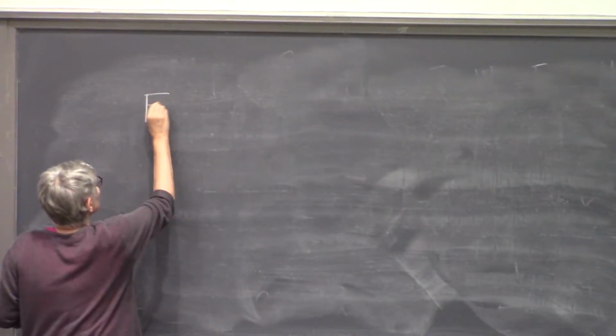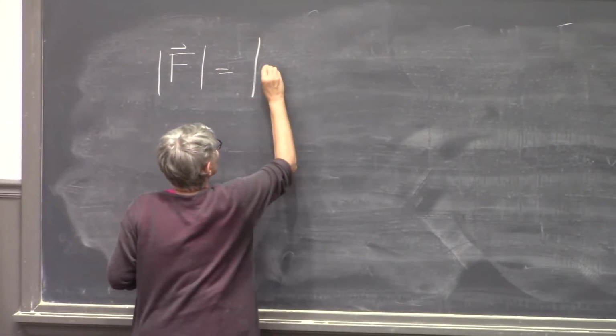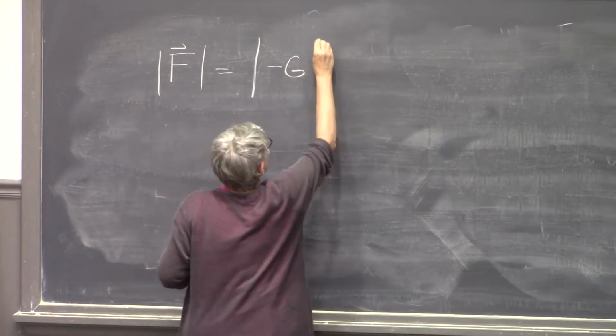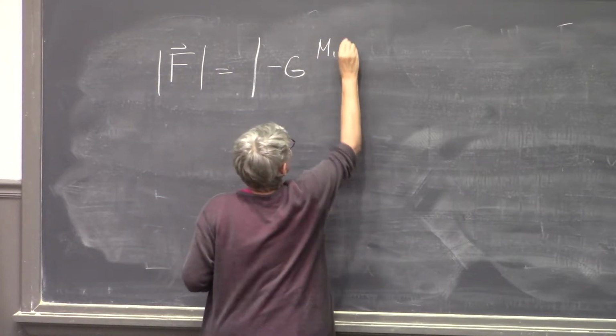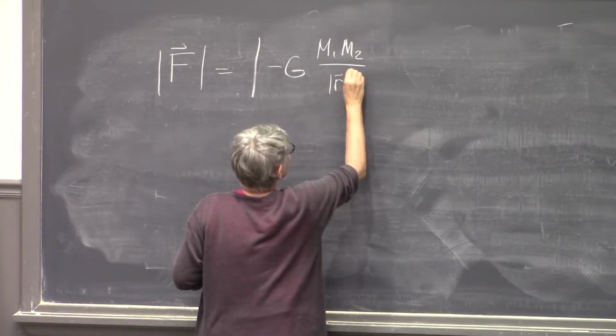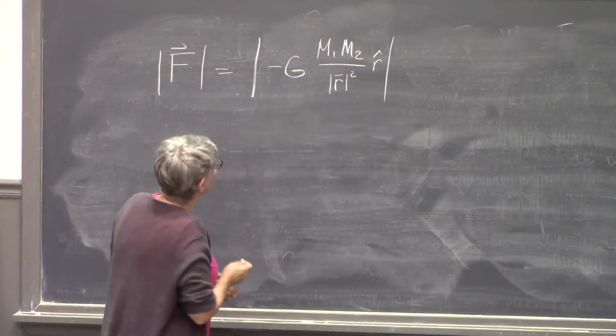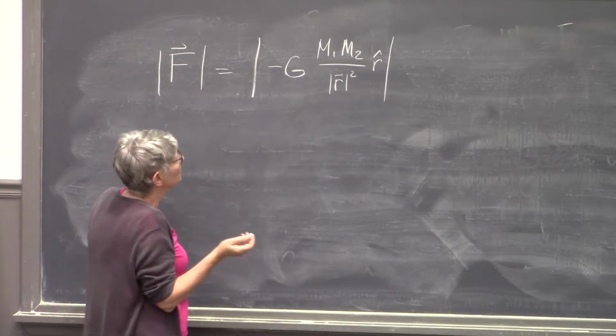So the magnitude of this force is equal to the magnitude of minus G m1 m2 over r squared r hat. The magnitude of r hat is 1.